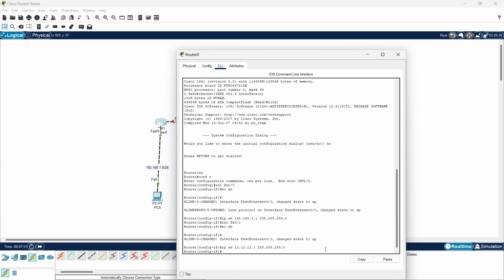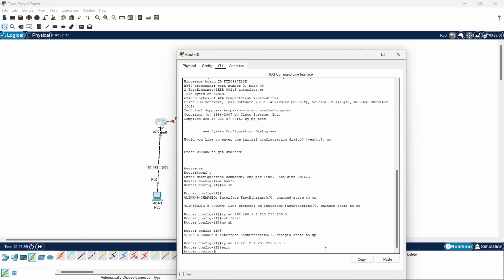And after that, you can exit to the configuration mode. After that, we're going to make the route.